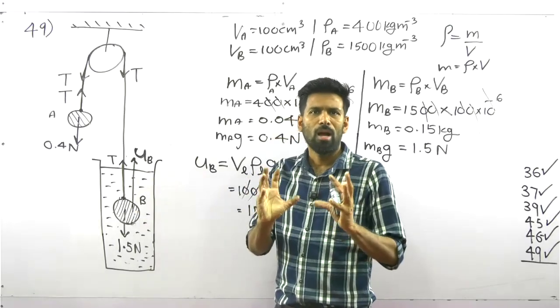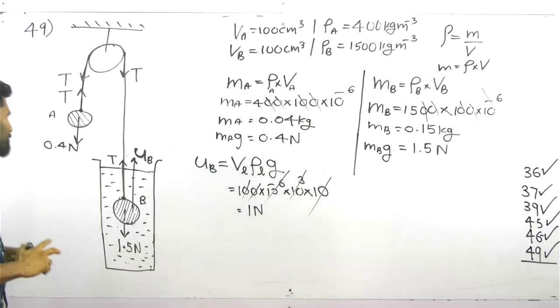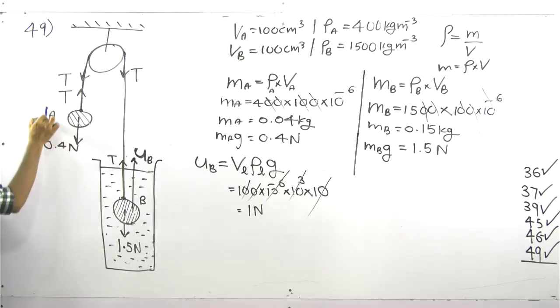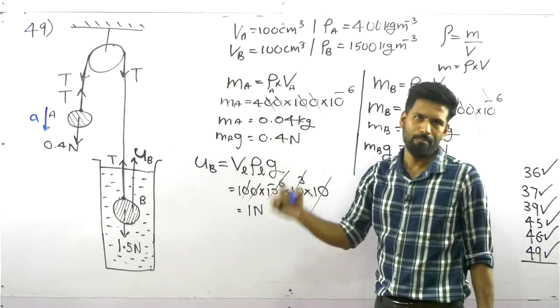So now I know the values of the forces. Now what will happen? Read the question: A moves downward. As they say, A will move downward, so capital A moves down with a downward acceleration a.